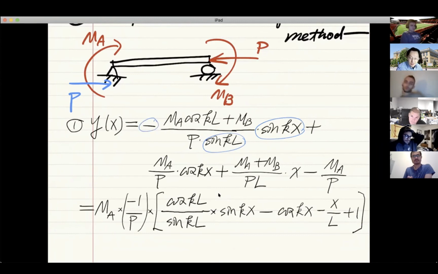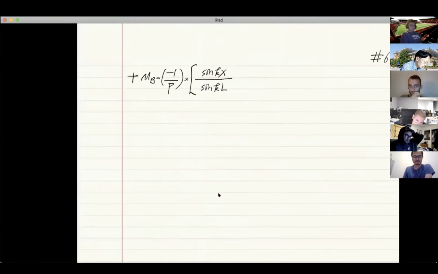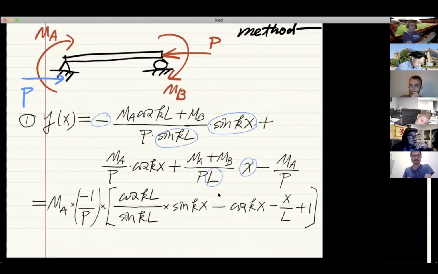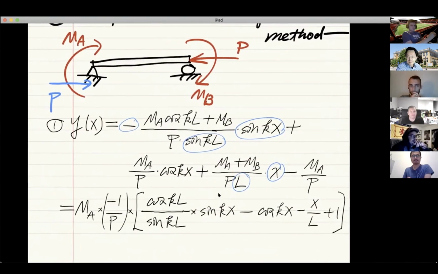What about the second term? The second term is just this one, X and L. We already took the P out. So that makes the second one just minus X over L, right? Do we have anything else? Nothing.